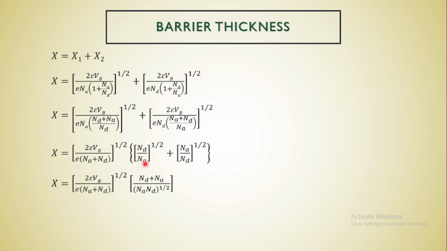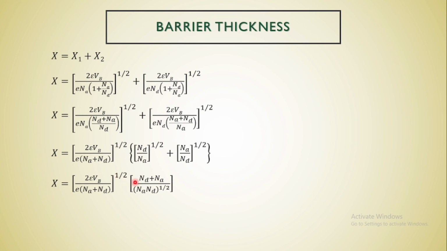Here we are already having Na raised to half, Nd raised to half is missing, so multiply by Nd raised to half, we get Nd in the numerator. Similarly here we get Na. So Nd plus Na divided by square root of Na Nd is the simplified version, and clearly we can observe that Nd plus Na and Nd plus Na raised to 1 by 2, one root is going to get cancelled.